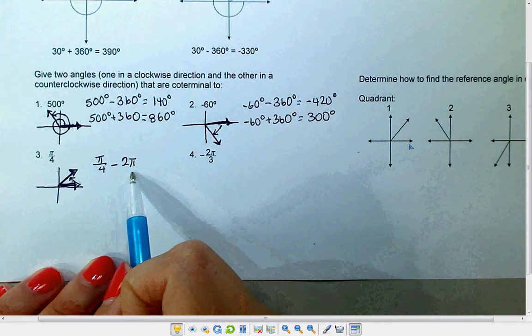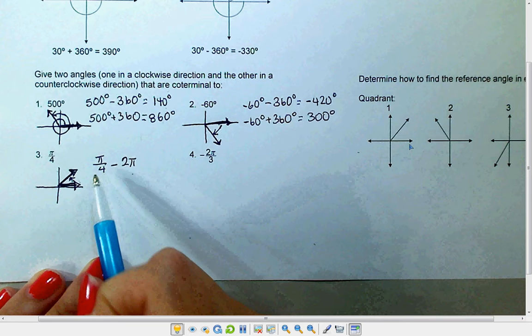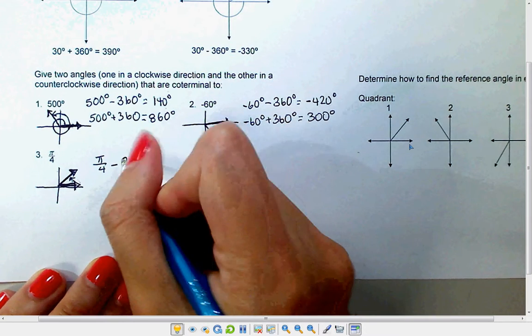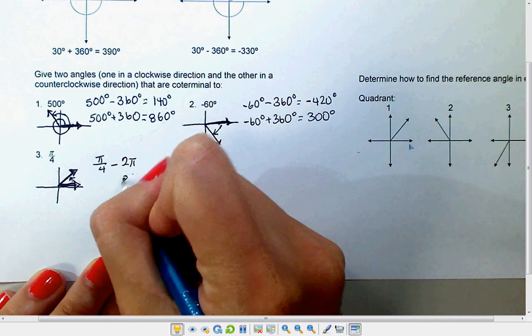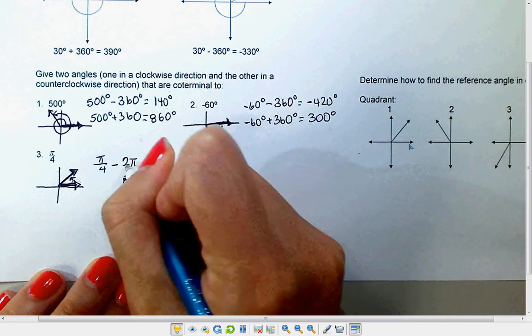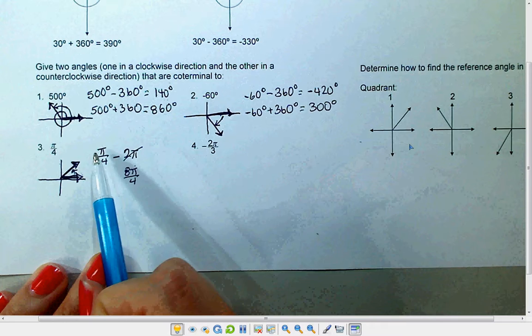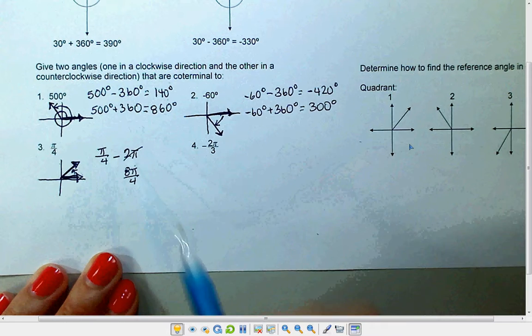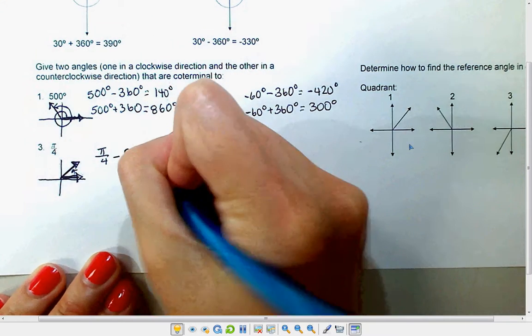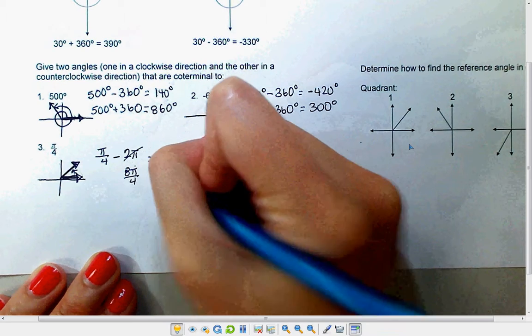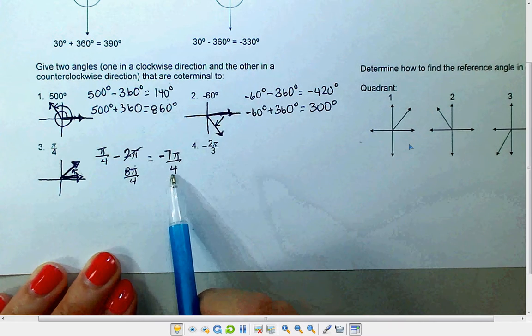If we're subtracting 2 pi, because it's a fraction, we're going to need to rewrite this as a fraction with a denominator of 4. So let's multiply by 4 over 4, which is going to give us 8 pi over 4. We're just going to rewrite 2 pi as 8 pi over 4. So then this is 1 pi over 4 minus 8 pi over 4. 1 minus 8 is going to give us negative 7 pi over 4. So this is one of my coterminal angles.